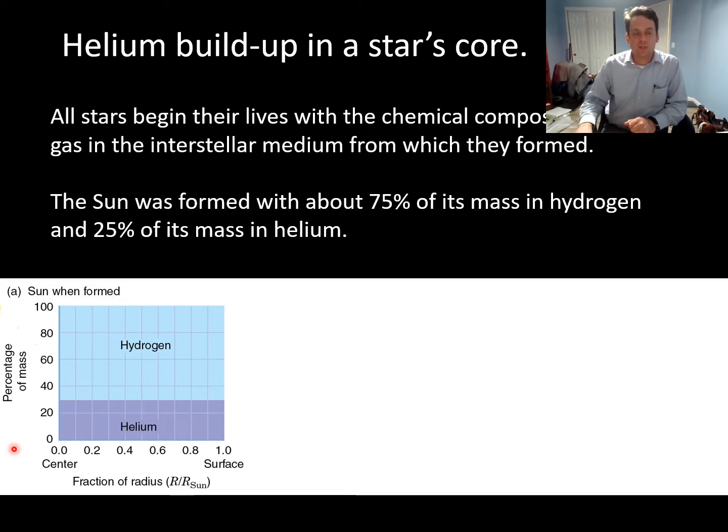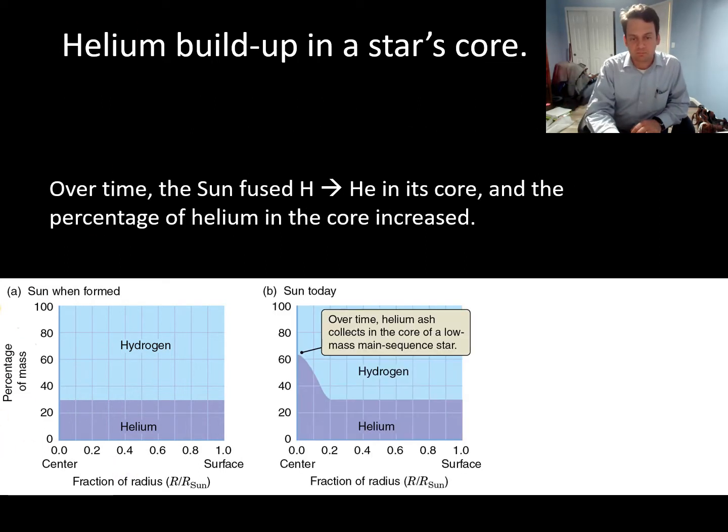So when the sun is formed, if you look at the percentage of the mass that's in hydrogen and helium as a function of the distance from the sun's core, it's all uniform, because the gas out of which the star was formed was all the same. It was about 75% hydrogen, 25% helium by mass, and that's true whether you're in the core or out at the surface.